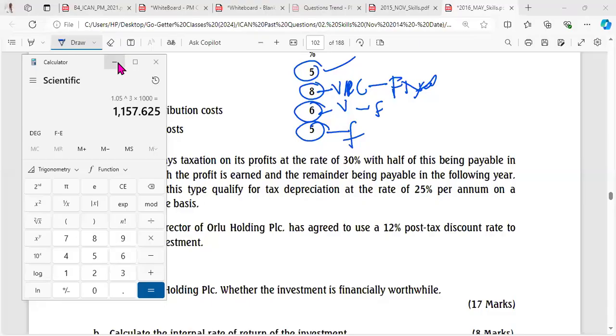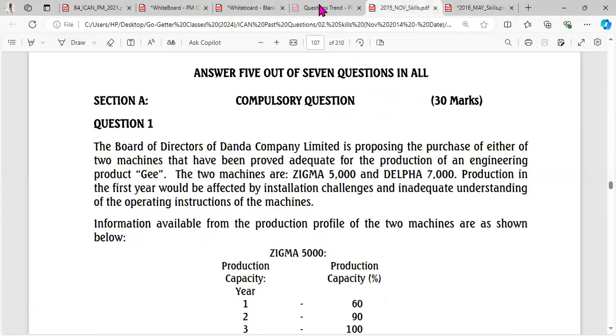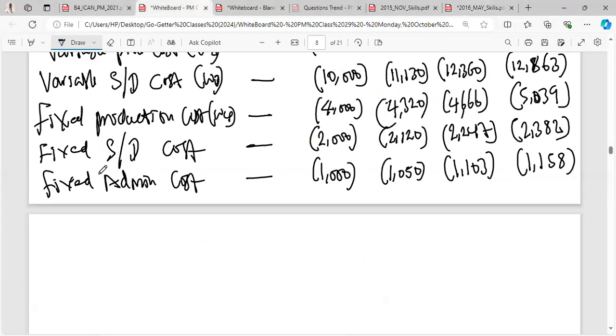All right. So we have done everything here, and the only thing we have not done is tax. Before we look at tax, let us find out what is happening here.